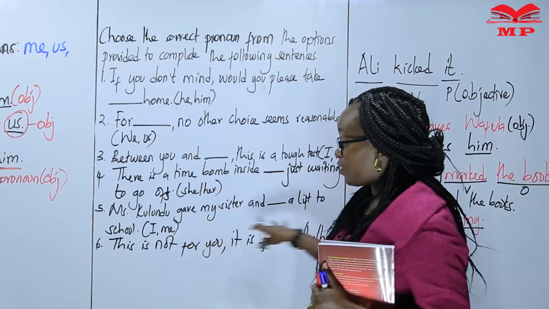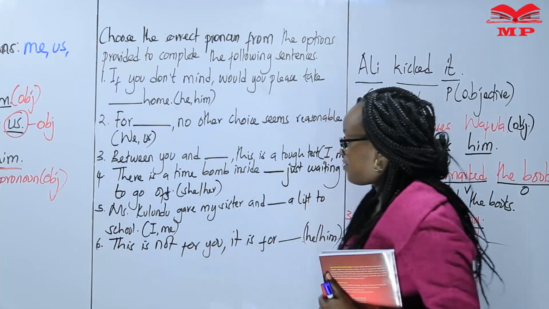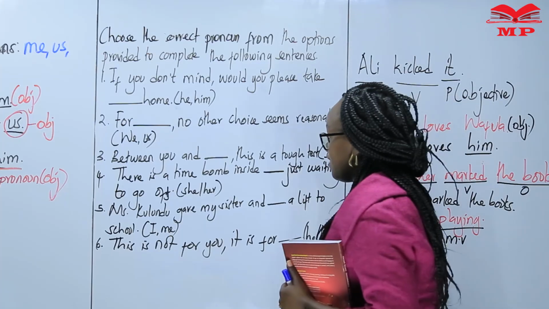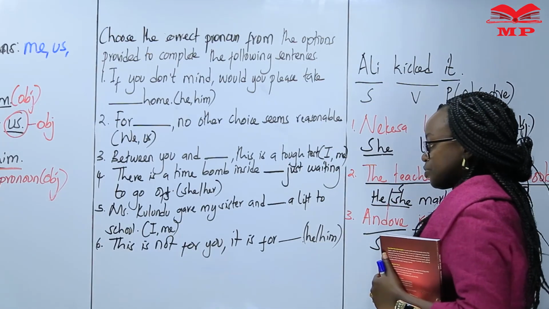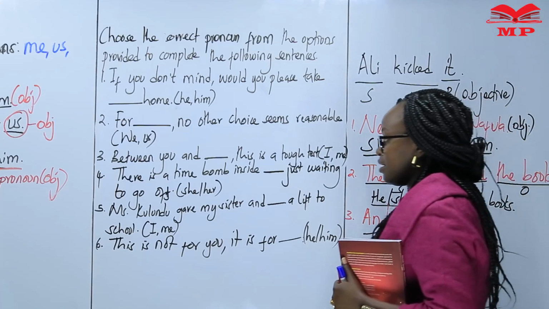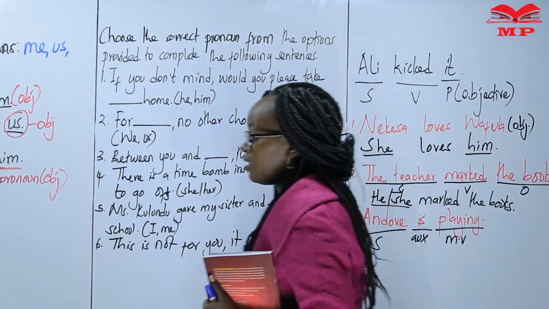And even as you type out, you know the words that are supposed to start with capital letters. So number 5: Miss Kulundu gave my sister and dash a lift to school. Then the options, we have I and me. Then number 6: this is not for you, it is for dash, he or him.